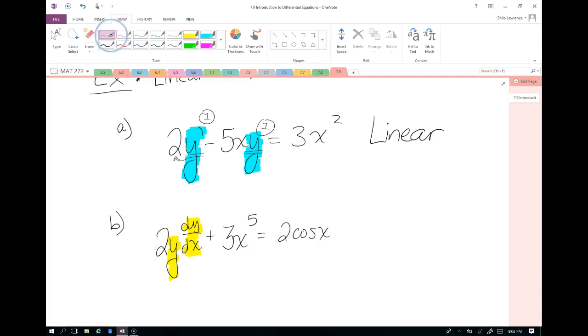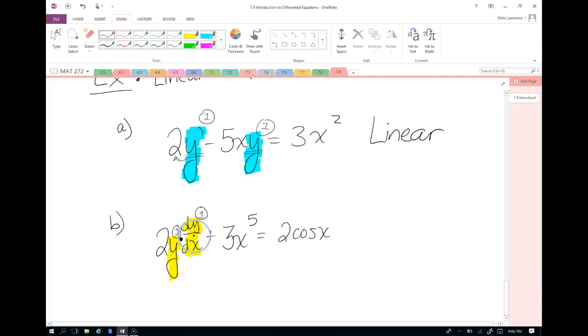Now, individually, they're both raised to the first power, so that's good. No power means first power. The problem with this one, though, is these guys are multiplied together, and that's bad. Think back to basic algebra. If this was y times y, it would technically be a y squared, which is not linear.